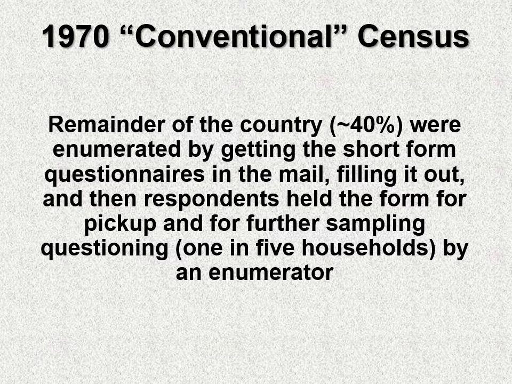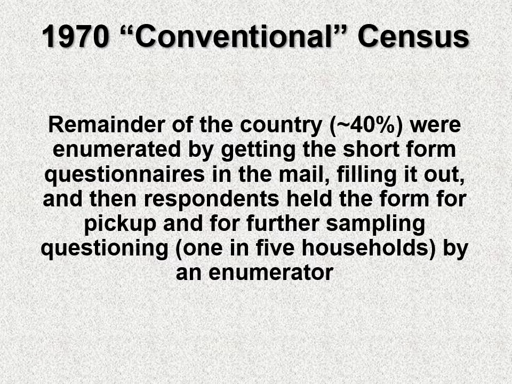The remainder of the country, the 40% that did not get this mail-out, mail-back, did get the mail-out. So they got the short form questionnaires in the mail. The postal people gave them out. They filled it out, and then they were told to not mail it back, but to keep it until an enumerator came to pick it up.